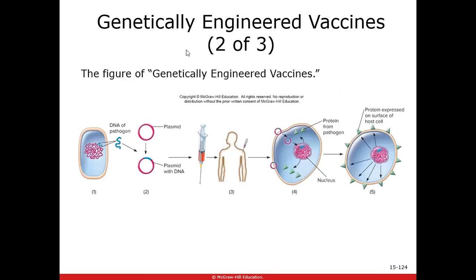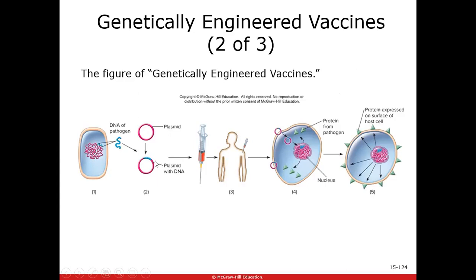Here's just a simple example of it. This bacteria died, but what you do is take a little piece of its DNA and put it into a plasmid with the DNA from the pathogen.